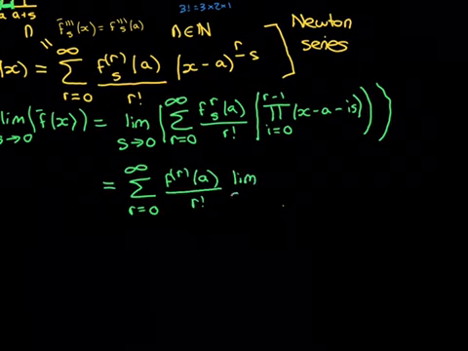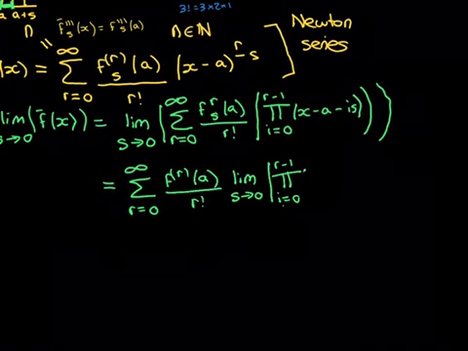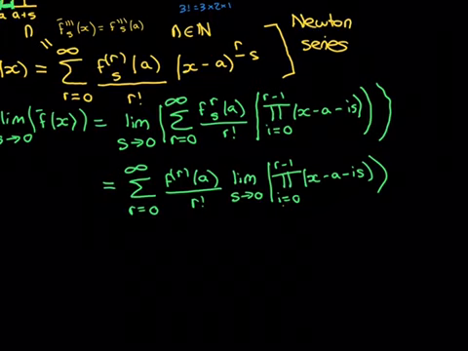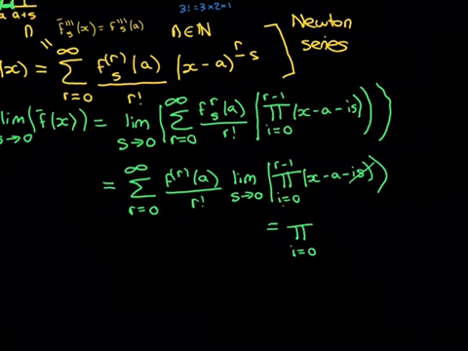So now we just want the limit as s approaches 0 of our falling factorial function, the product from i equals 0 to r minus 1 of x minus a minus is, like so. Well, in the limit as s approaches 0, you can effectively just forget about this. So this is now becoming 0. So this effectively just becomes the product from i equals 0 to r minus 1 of x minus a.